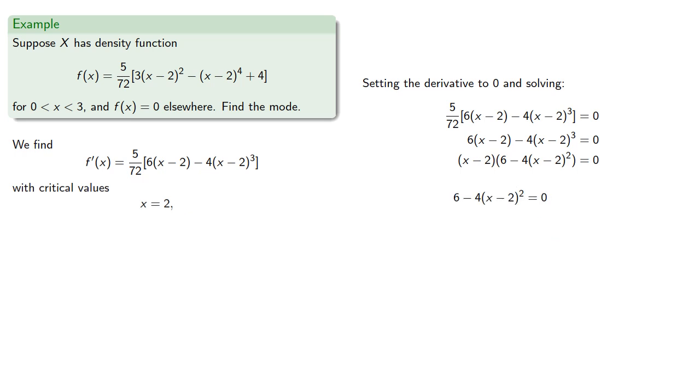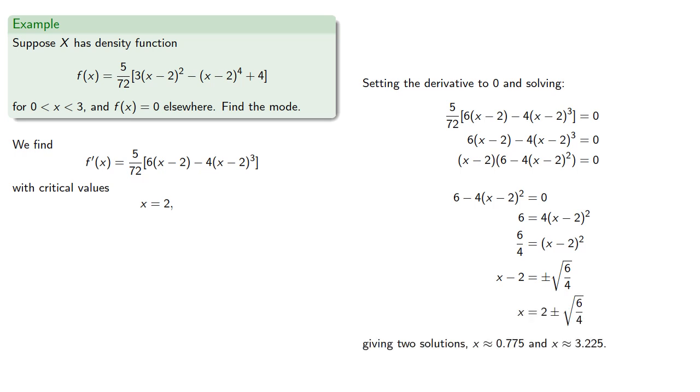The second factor equal to 0 we can solve. And this gives us two solutions, but the second solution is out of the range, so we'll ignore it.